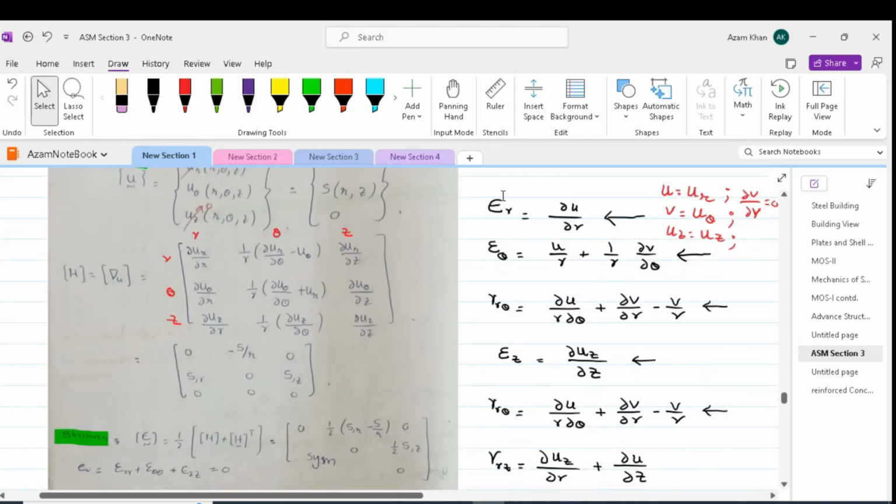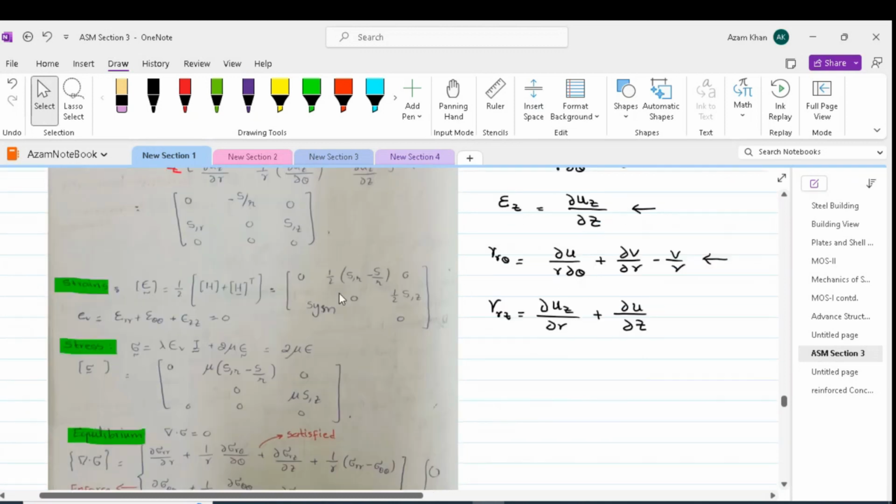For ease, we have written all the strain components over here. So the strain components come out to be 0, half, small bracket, s comma r minus s by r, 0. Then 0, 0, half, s comma z, and then a symmetrical matrix over here.